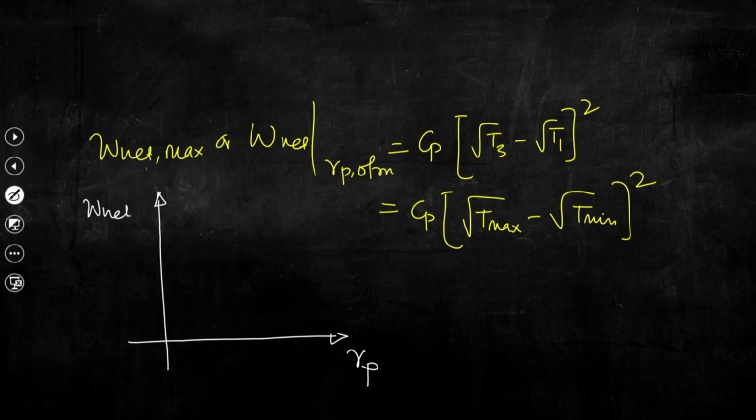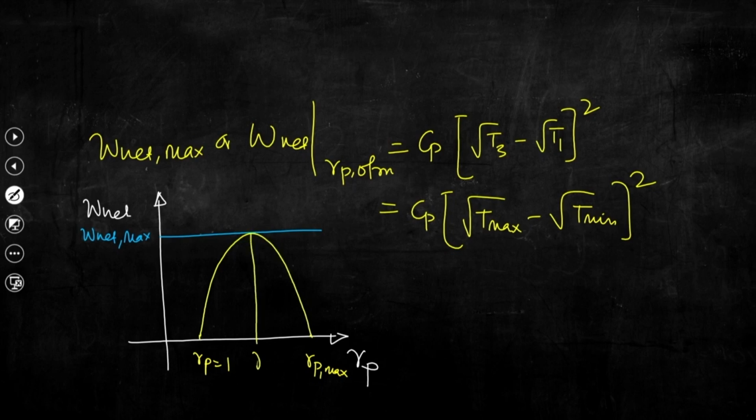With this, if we try to draw the variation of W net, so this is W net. If we consider this is the W net maximum, then we can plot it when Rp equal to 1 and say this is Rp equal to Rp max. So, this is Rp optimum, right.